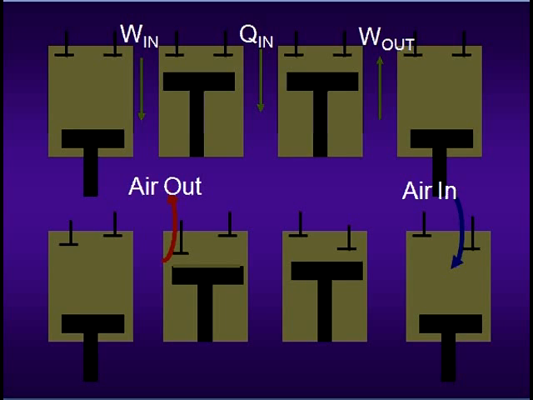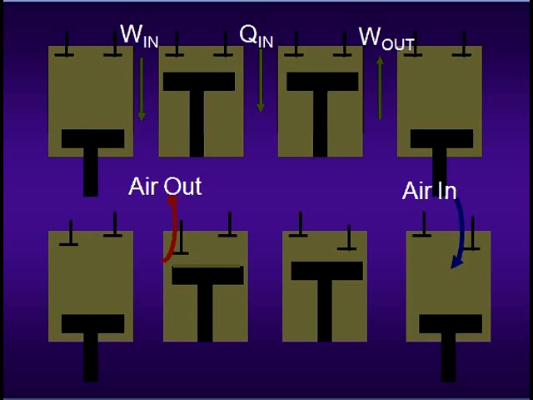Work in, Q out, Q in, sorry. Okay, work out from here to here, and that's your second stroke as this piston goes down. There's your power stroke. And then you have to push the piston up again to push the air out. And then you have to draw it back in. Where it says air out, that would be your exhaust stroke, and then you need an intake stroke. So you actually have 4 strokes for one thermodynamic cycle.